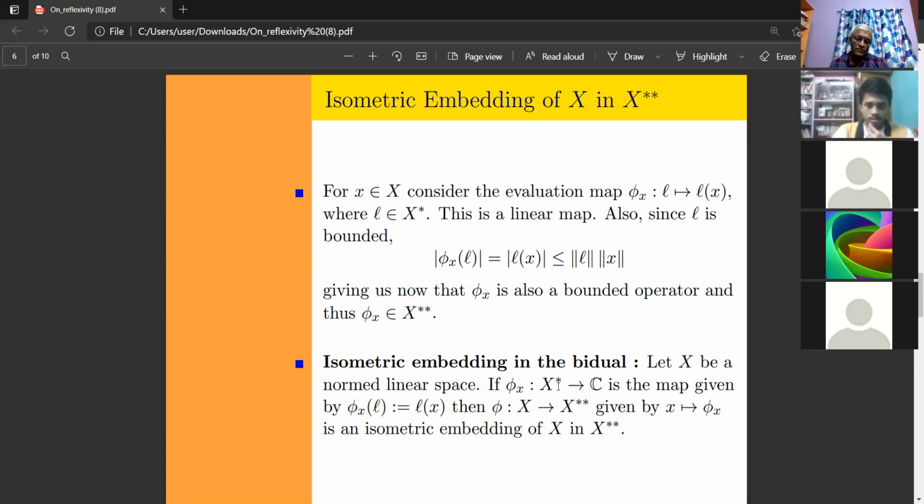So what I'm saying is the map given by h going to phi h is an embedding in the bidual, where phi h is the map mentioned here, an isometric embedding.